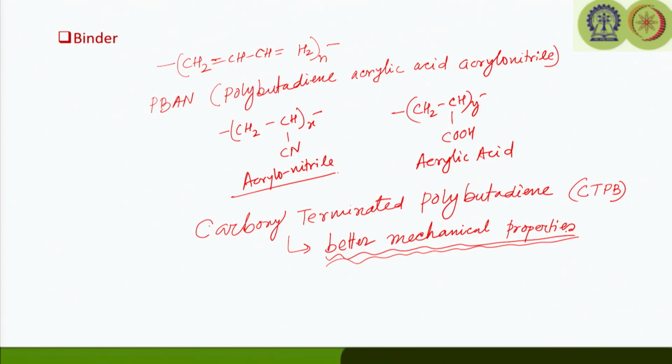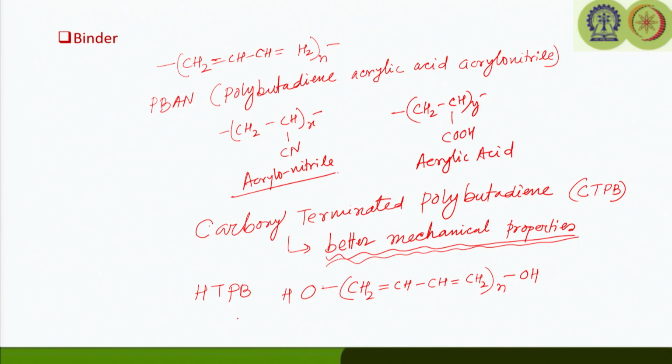The other, the most common one as I said, is HTPB, and of course PBAN is also a common one. HTPB is hydroxyl terminated polybutadiene. The polybutadiene chain ends with a hydroxyl radical. Now, this is widely used in the manufacture of composite solid propellant.